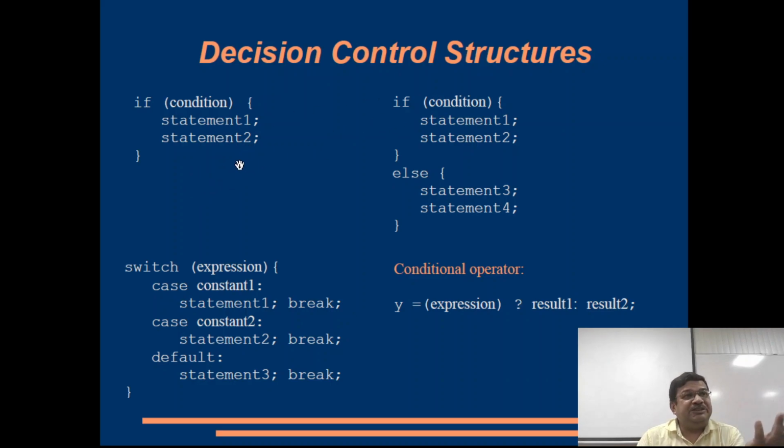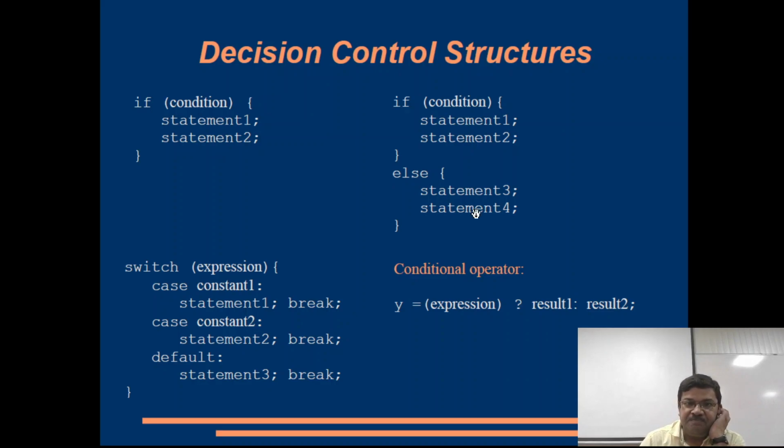And if you have a branching out, if some condition is true, then execute these statements, or if this condition evaluates to false, then take some other steps, right? So that is if and else. Now this can be applied in cascade, and you can have several branches of decision structure.